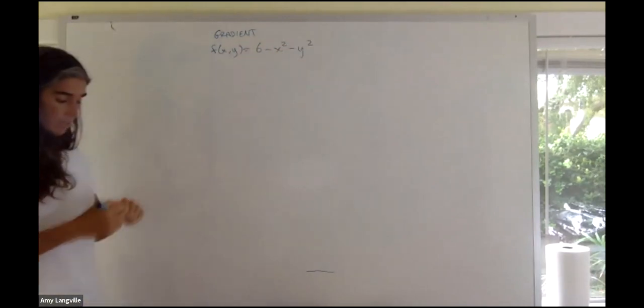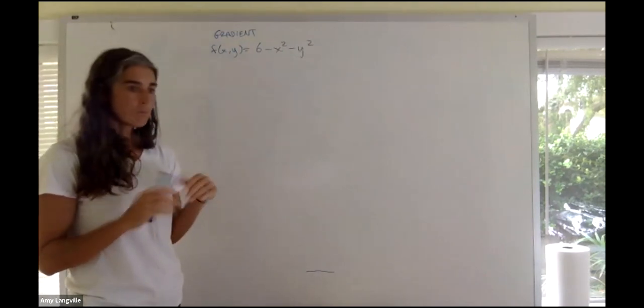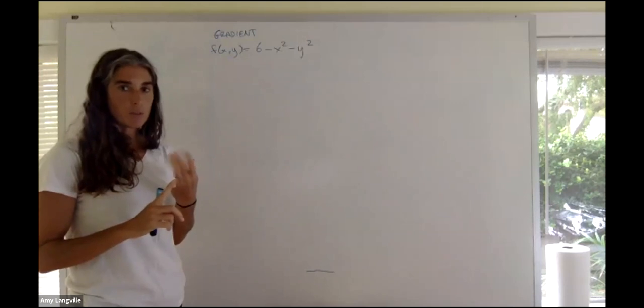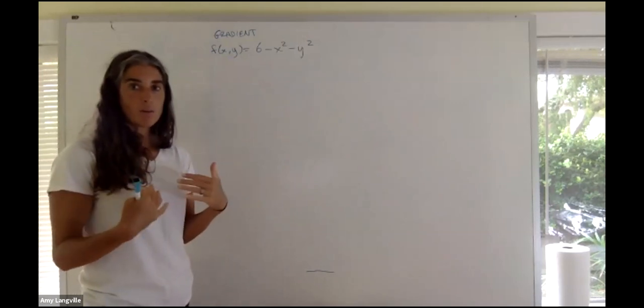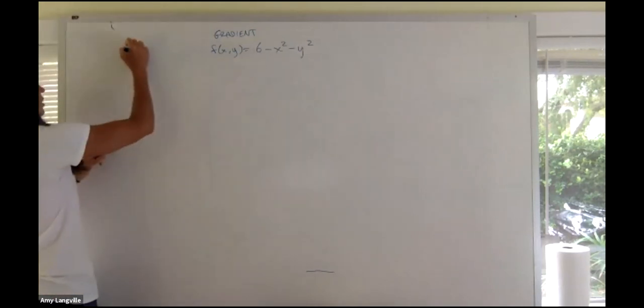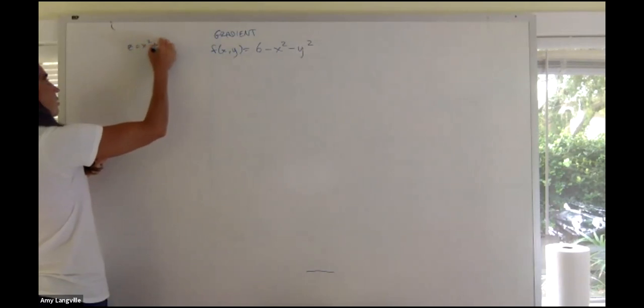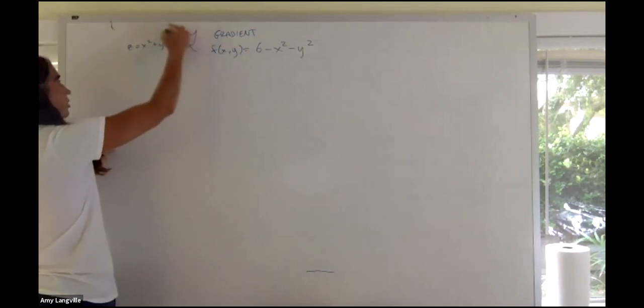Okay, hopefully at this point in the class, you can visualize what that thing looks like. If not, you could definitely do a contour map and draw that, or you could take out a tech tool and visualize it. Let's quickly go through my thought process on how I visualize this. So this is related to z equals x squared plus y squared, which is that circular paraboloid opening up from the origin.